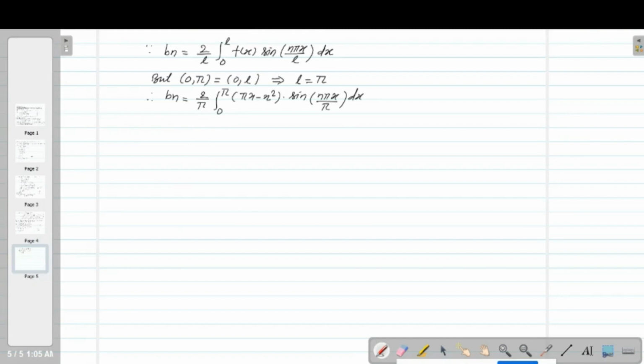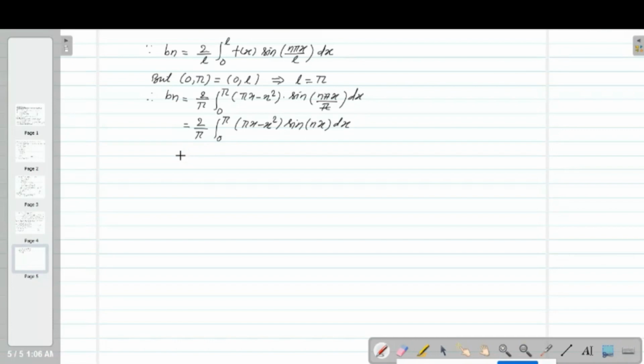Now simplify this. This is 2 by pi, integration from 0 to pi of pi x minus x square into sine, and this pi and this pi cancel, leaving only sine n x and dx.